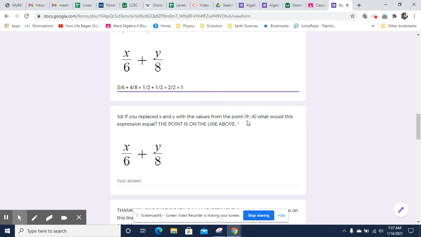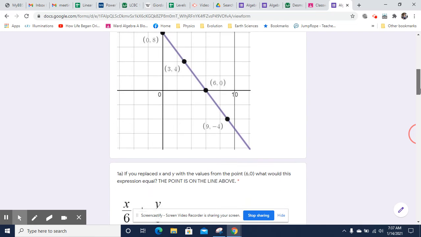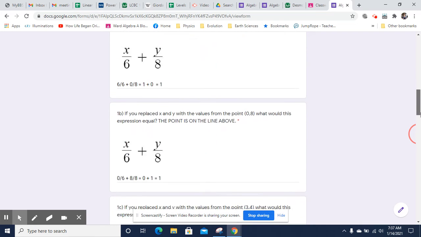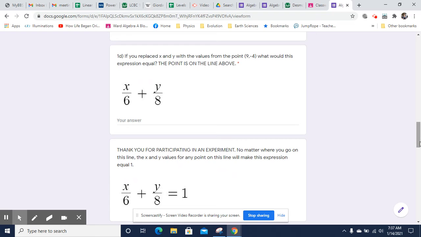Now we take this last point, which is also on the line. Of course, there's an infinite number of other points, but we're picking this one. We're going to replace x and y with the values from this point, (9, -4). So x is going to become 9 and y will become -4. You may be wondering, maybe this will also equal 1.